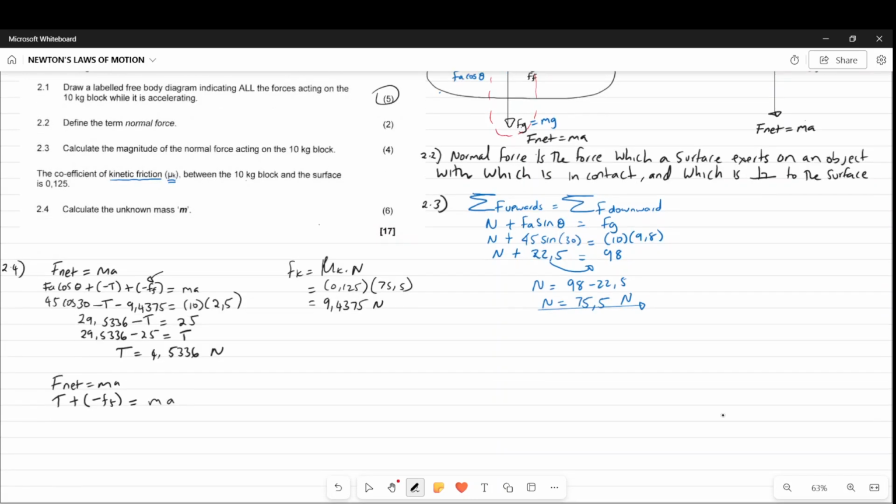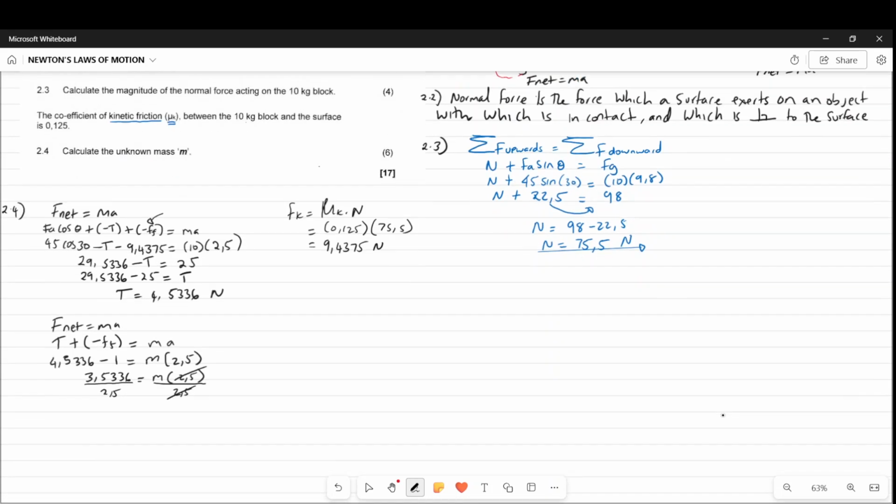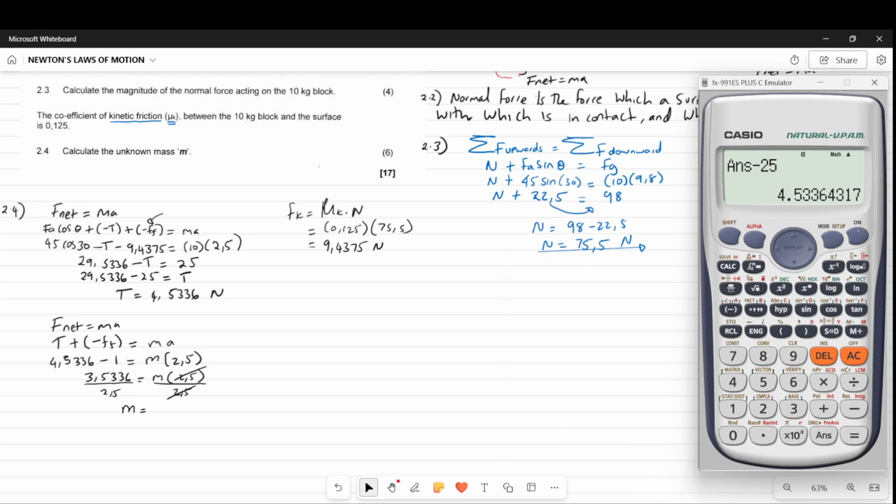So tension is 4,5336 minus frictional force, which is 1, is equal to mass, which is what we're looking for, times acceleration, which is 2,5. Now this is going to give you 3,5336 is equal to mass, open bracket, 2,5, close bracket. Now divide that by 2,5, and that and that cancel out.